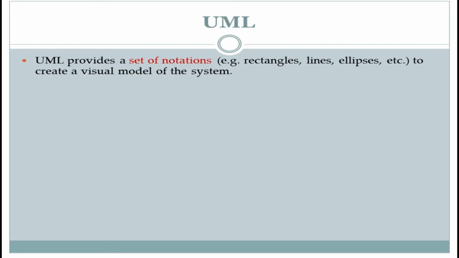UML, as the term suggests, is a unified modeling language, but rather than a language, it is a set of notations. The notations are graphical symbols like rectangles, lines, ellipses, and so on, used to create a visual model of the system.